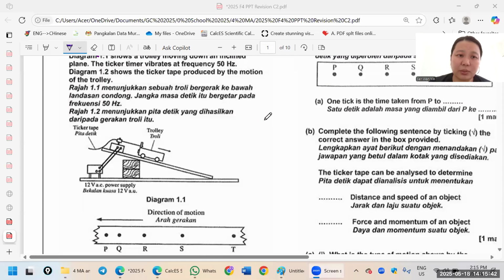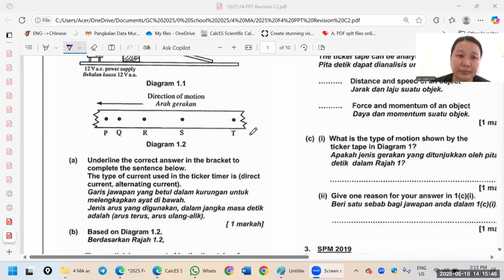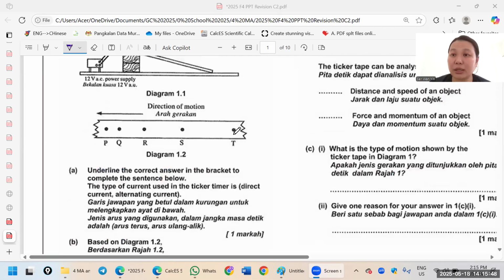Okay, so now this one is one stripe. How do we determine it? There is one very important point. Look at the arrow.